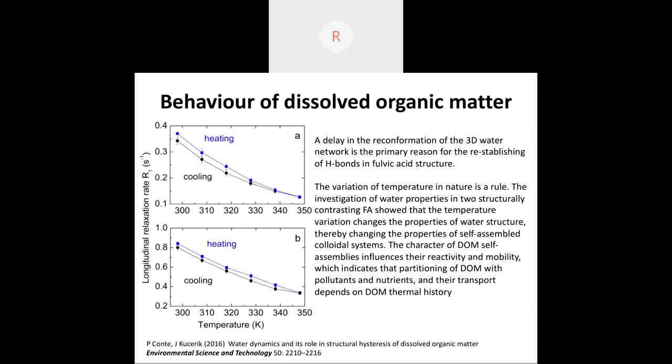If we change the strength by which water is bound to the dissolved organic matter, then we can have a problem in the exchange of nutrients from the organic matter to the water, and then a problem in the movement of nutrients towards plant roots. That means that we are lowering the fertility of soils.